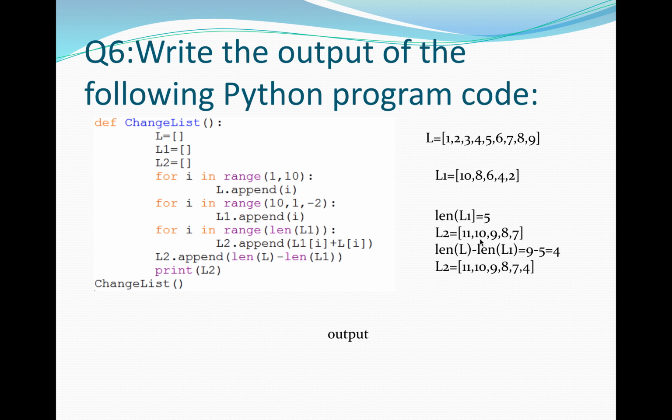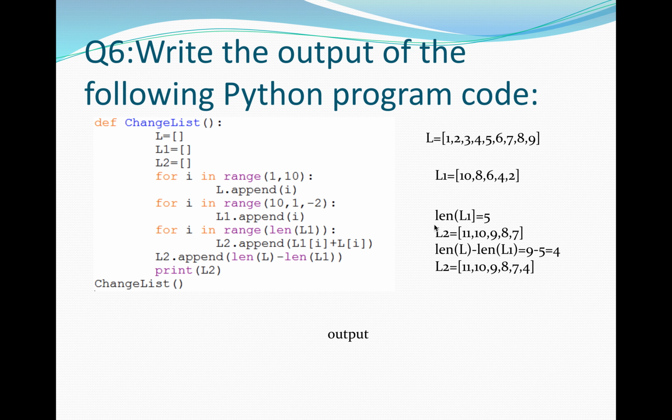Then again the loop repeats. How many times does the loop repeat? 5 times. So next 8 plus 2, 10, 6 plus 3, 9, then 4 plus 4, 8 and 2 plus 5, 7. Because this loop repeats 5 times.